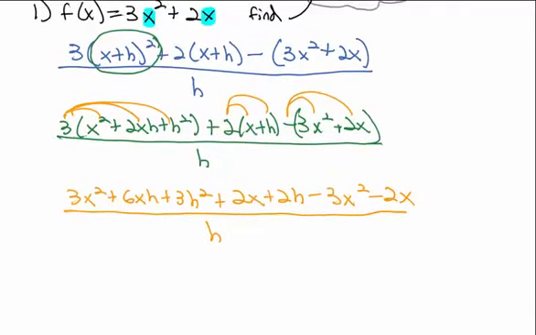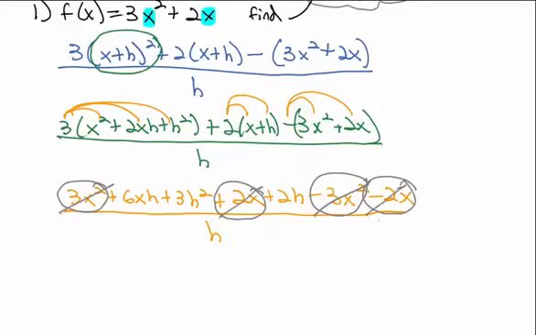And this is nice because some things are going to start to subtract out. We've got a 3x squared and a negative 3x squared. Those are gone. We've got a 2x and a negative 2x. Those are gone. So what we're left with is 6xh plus 3h squared plus 2h, all over h.